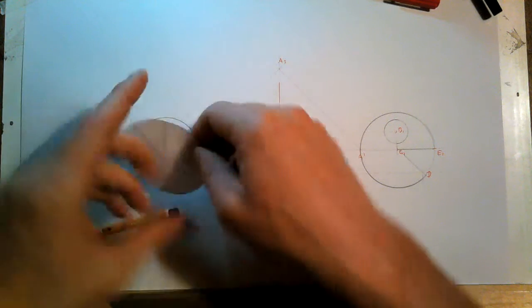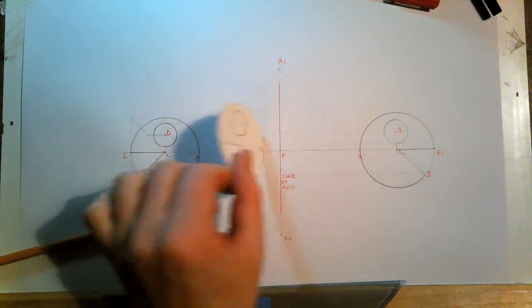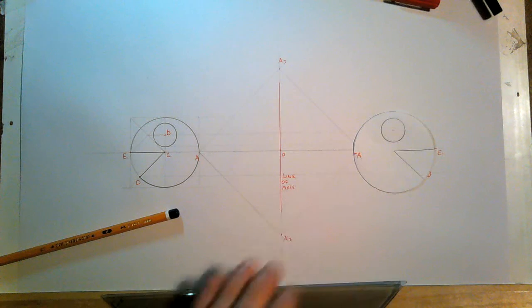So let's say just a mirror image. We flipped it over, brought all the points across.